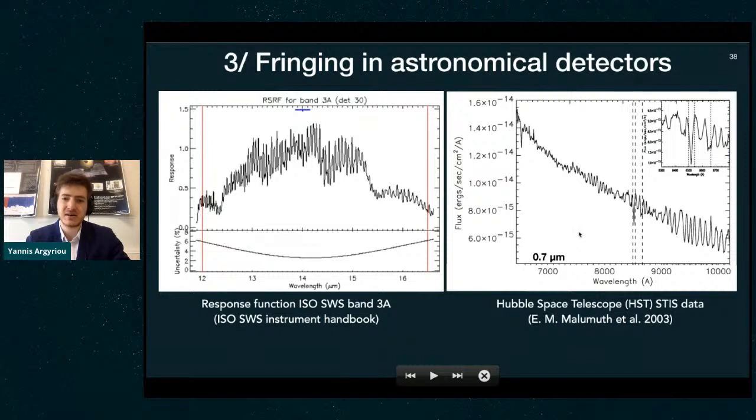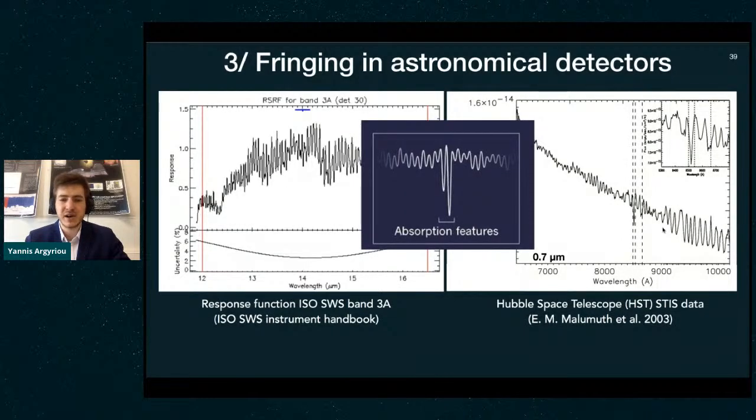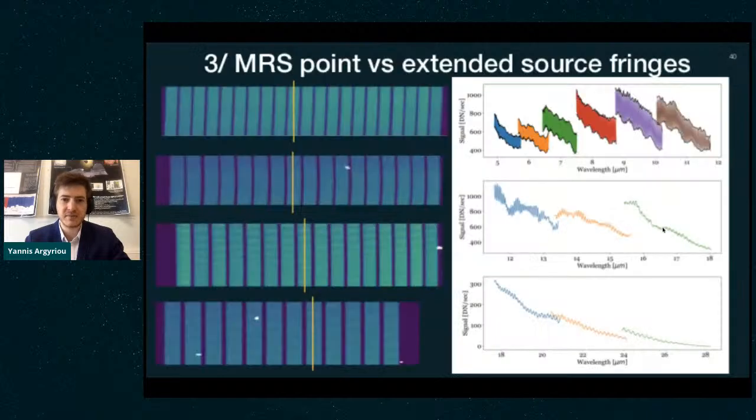On the right-hand side, I show that even for the Hubble Space Telescope, and in particular the STIS data, above around 0.7 microns, you once again get these intense fringes. What that means is that you can get this kind of manifestation even in the near infrared. And of course, you can imagine that for absorption features, as I mentioned before, this sort of high frequency modulation can impact your science drastically.